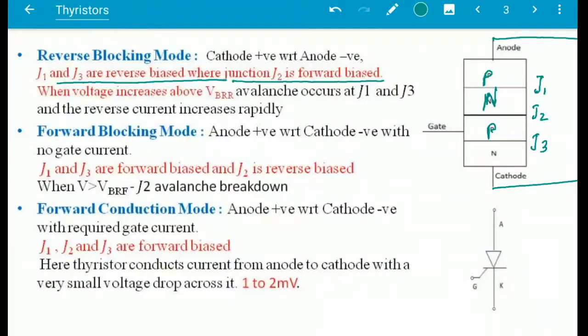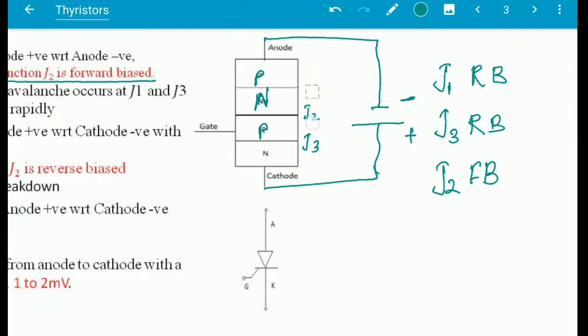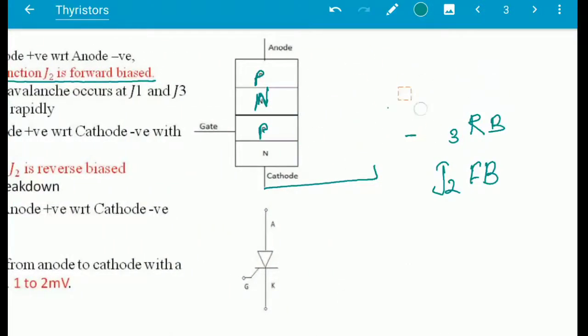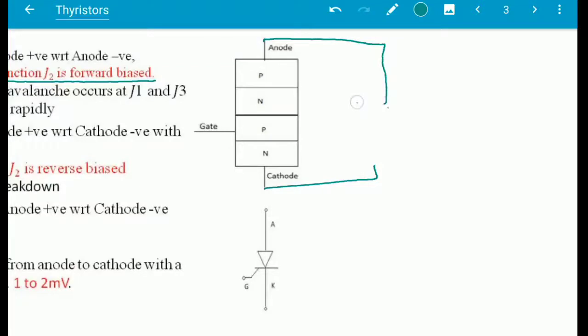Next is the forward biased condition. If we connect the anode to the positive of the source and the cathode to the negative, then P is connected to the positive terminal and N is connected to the negative terminal.